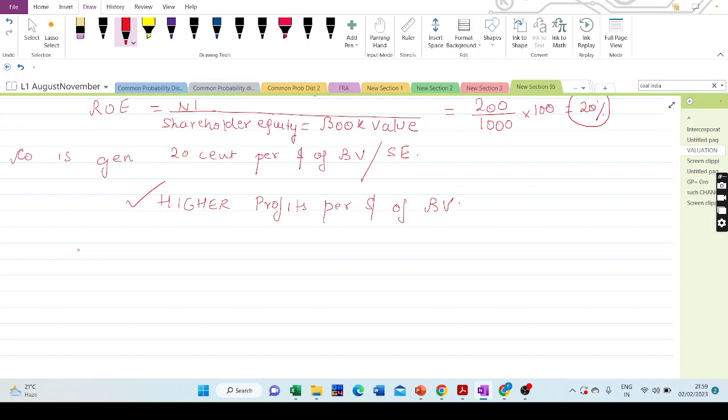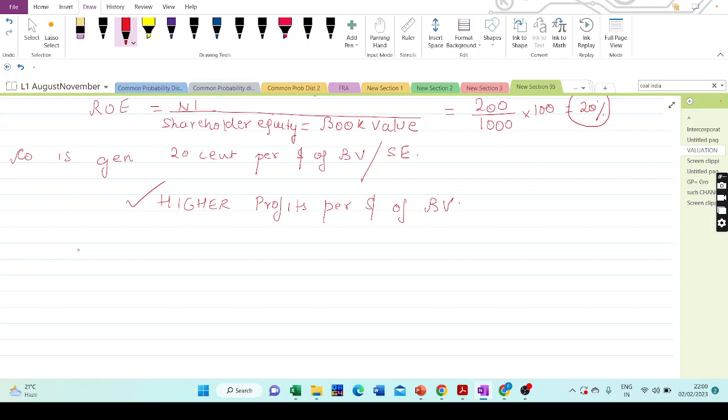Sir, please repeat once. Okay. What did I say? Investors will be willing to pay more per dollar of book value if they feel that the management can generate higher profits per dollar of book value. Right? Are we good till here? Okay, now which ratio measures profits that a company generates per dollar of book value? ROE.